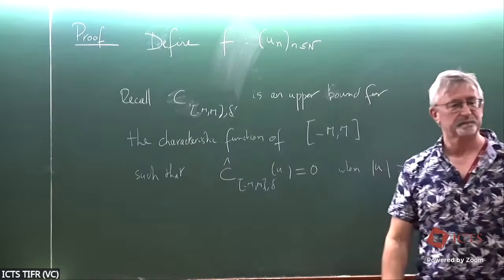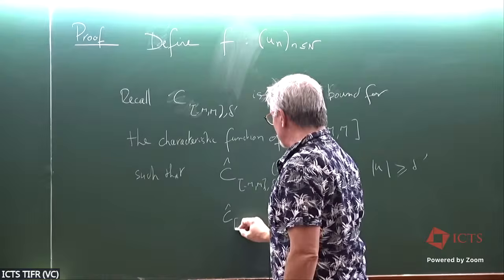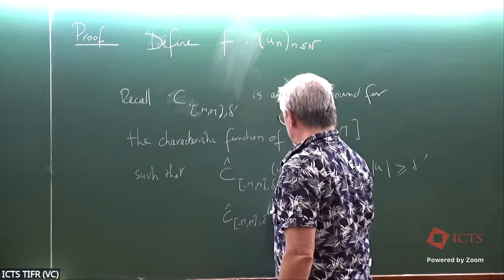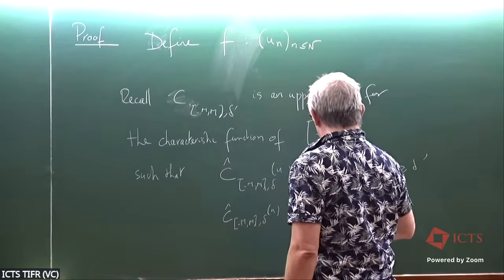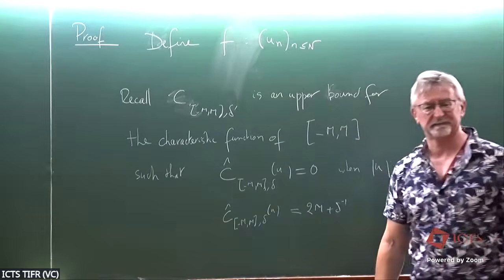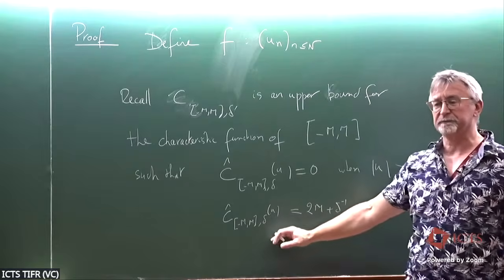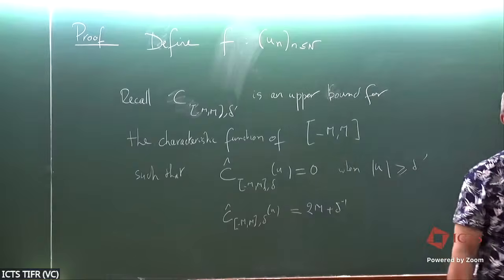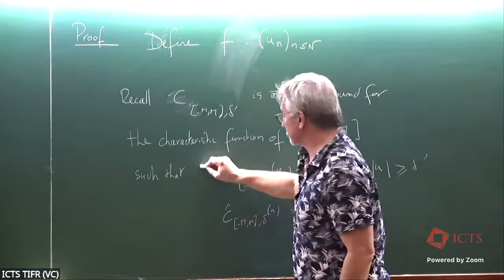Huh? And we had also the property that the value in 0 of u is equal to 2m plus delta minus 1. That's the last lemma I gave last time. It's built out of the Beurling-Selberg function. And the Fourier transform is defined like Rita Brata did this morning, so same normalization.